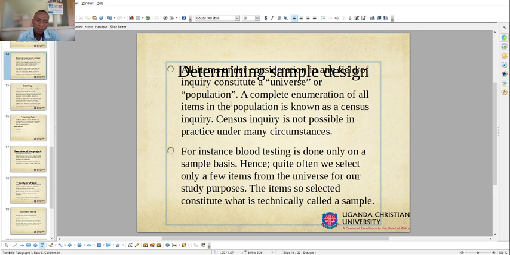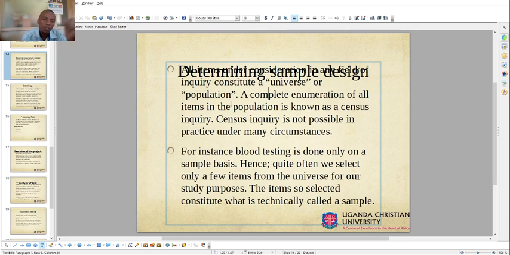For ladies, we often take 4 or 3. So the little meat you've picked will help you to draw a conclusion on the entire saucepan. That's a sample. A sample is part of a whole, part of the population, which, if studied, enables us to draw a conclusion on the entire population.